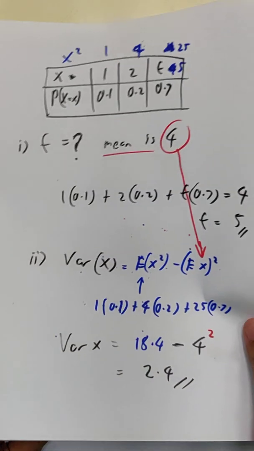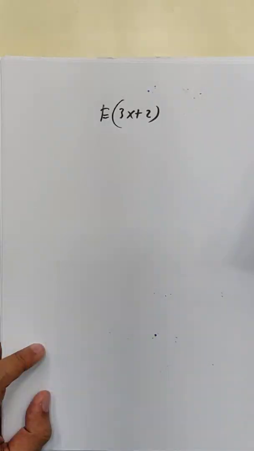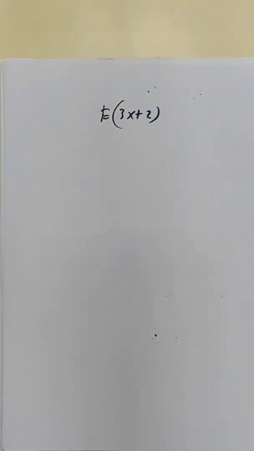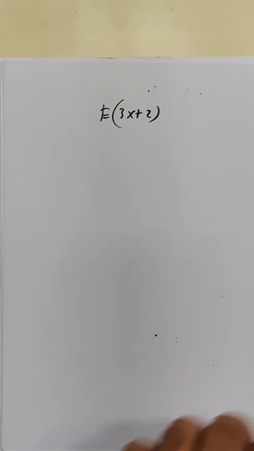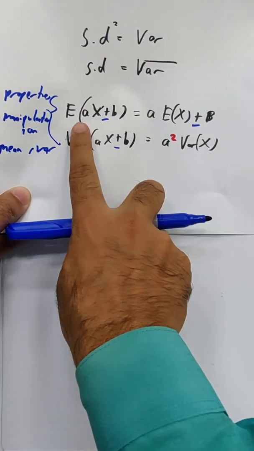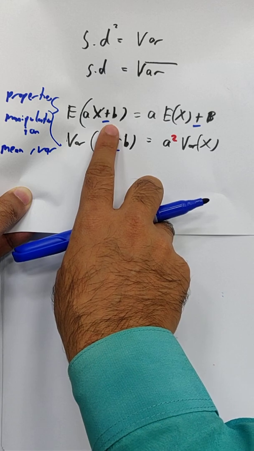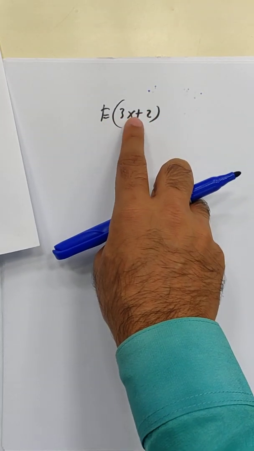We still continue from this question, right? Now I can manipulate this, becomes what? What's the formula just now, if you can remember them? This one is E(aX+b), plus minus b. This one is E(3X+2).